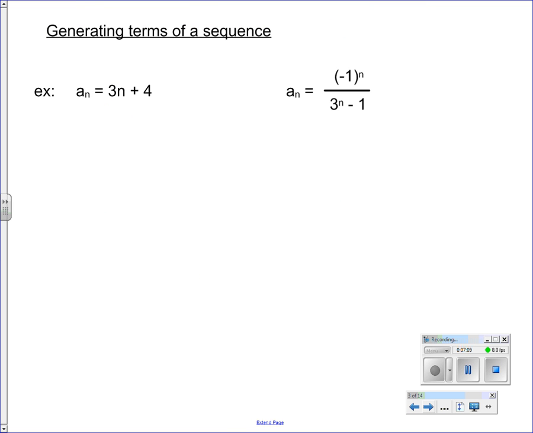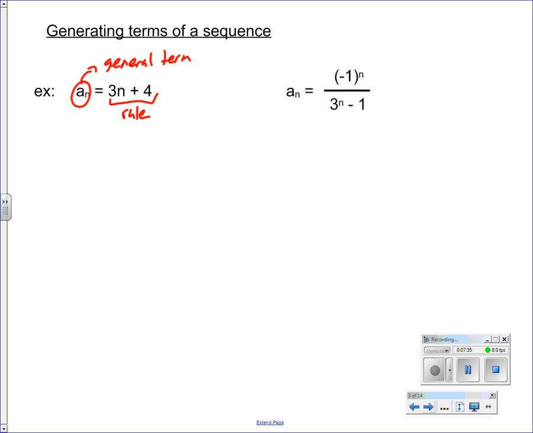So what we're going to do next is talk about how we actually generate terms in a sequence. Here are two examples of what a sequence would look like. Again, a_n describes our general term and tells us the rule for how we generate terms for the sequence.